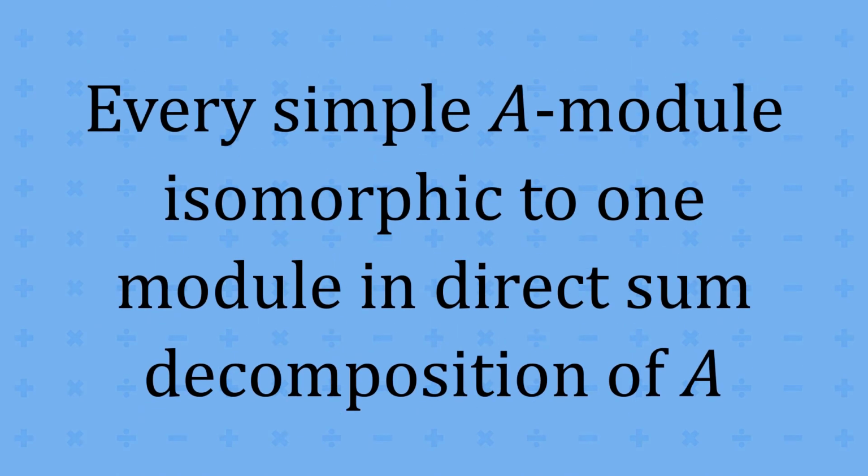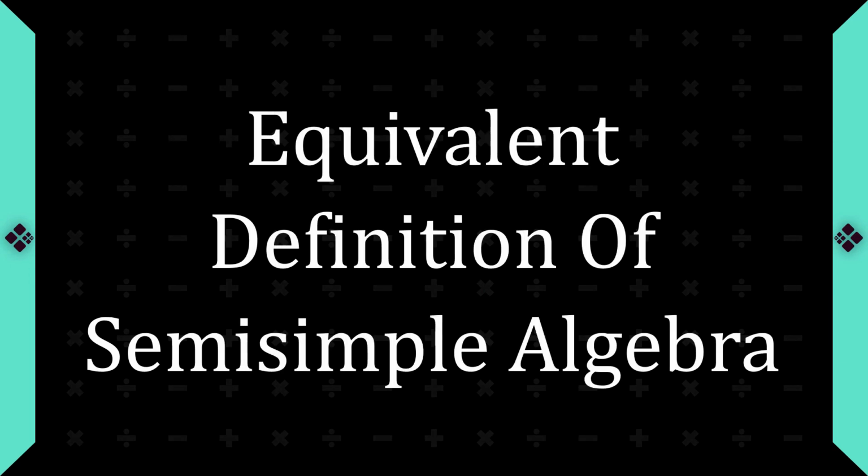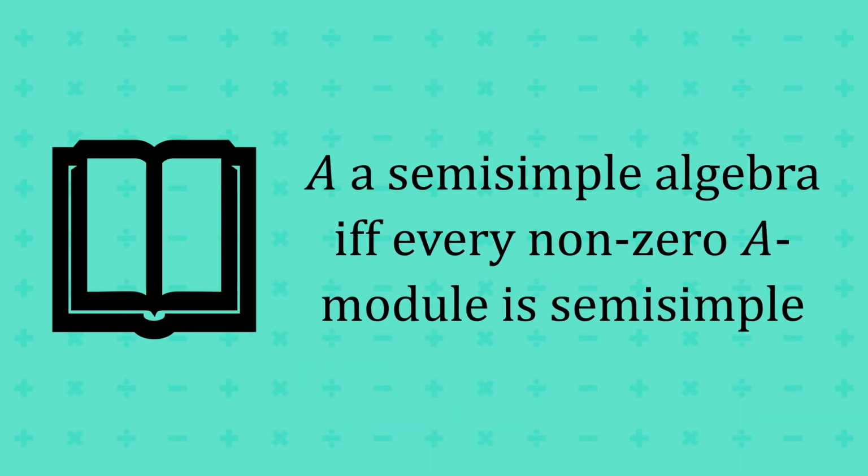Second, every simple A module is isomorphic to one of the modules which appear in the direct sum decomposition of A. Now, let's give an equivalent definition of a semi-simple algebra. We have that A is a semi-simple algebra if and only if every non-zero A module is semi-simple.